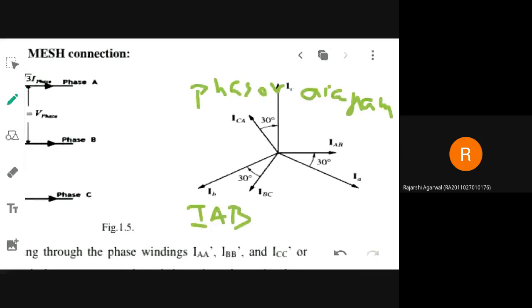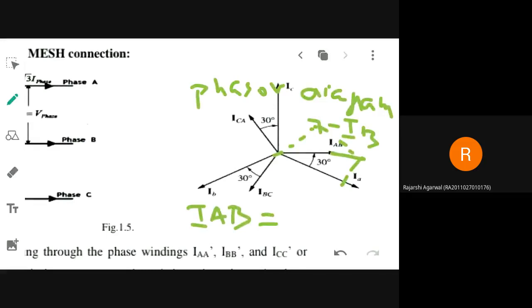So if I am assuming IAB, what will be the summation that I will be getting? The opposite current here is minus IB. If I sum this, I will get IAB. Alright, vector sum I have to get. So that current is what current? This is my line current.